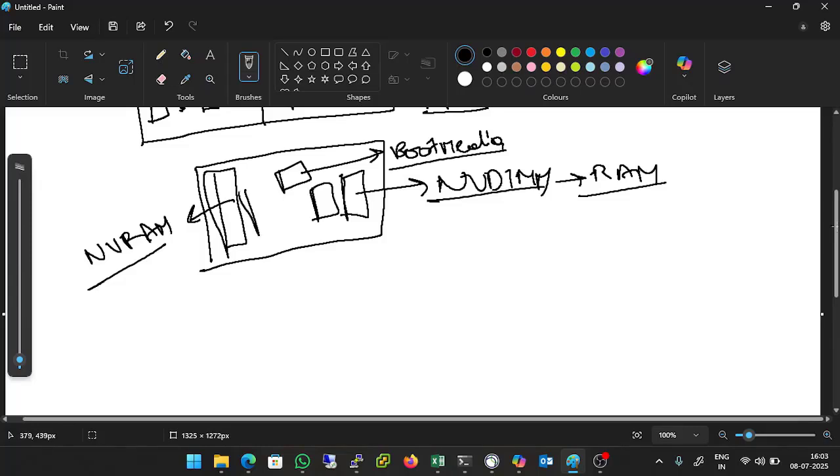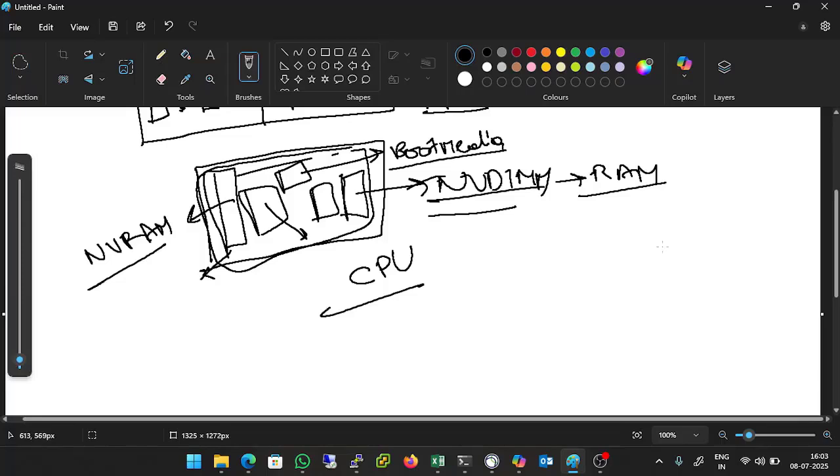Here is your motherboard, which consists of everything. Inside the motherboard, you have RAM, boot media, NVRAM, and your CPU. So this is your hardware part, what the node actually contains.